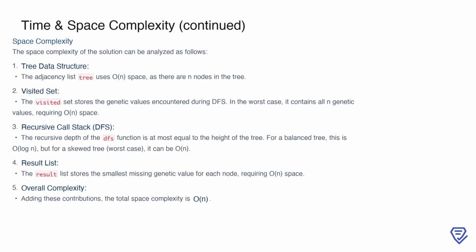For a balanced tree, this depth is O(log n), but in the worst case, such as with a skewed tree, the depth can reach n. Additionally, the result list, which stores the output for all nodes, requires O(n) space. When we sum these contributions, the total space complexity is O(n), dominated by the space required for the adjacency list, the visited set, and the result list.